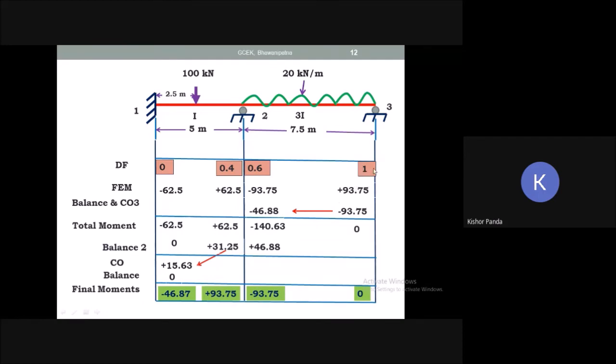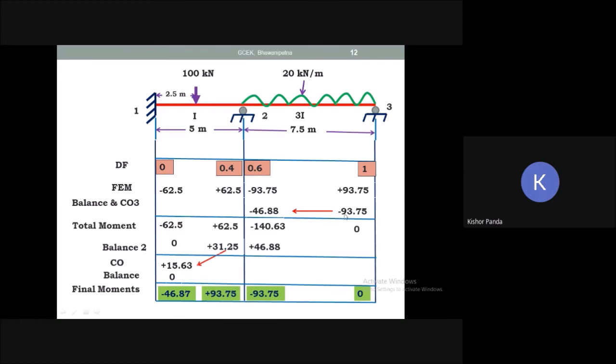So you have to multiply this moment with the distribution factor, and put the opposite sign: 93.75 into 1, so you put minus 93.75. Then after balancing this joint, you carry over half of this moment to the other end of the member. This is minus 46.88.